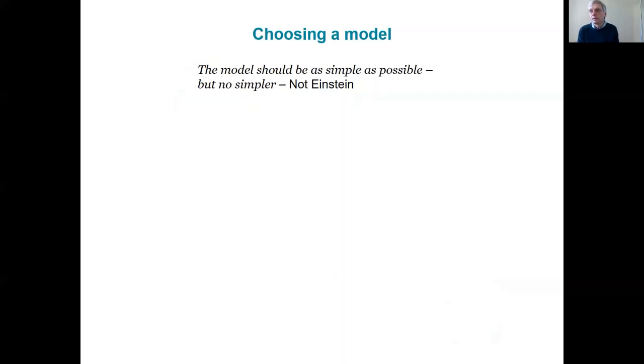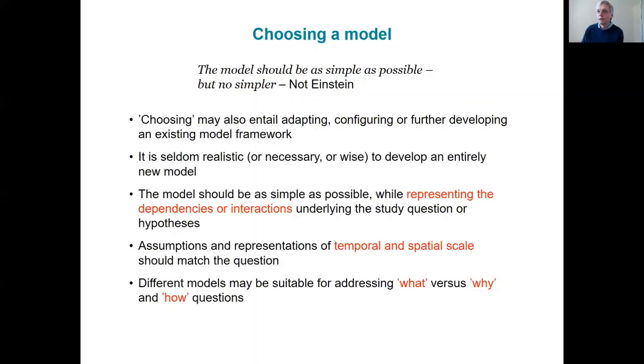So beginning with choosing the right model for the question. Modelers sometimes like to say that the model should be as simple as possible, but no simpler. And what do we mean by that? It means that, remember that the model is there to capture the essence of the system, to help us understand the system by focusing on the essence in some context, and that context here should be the question that we're posing.